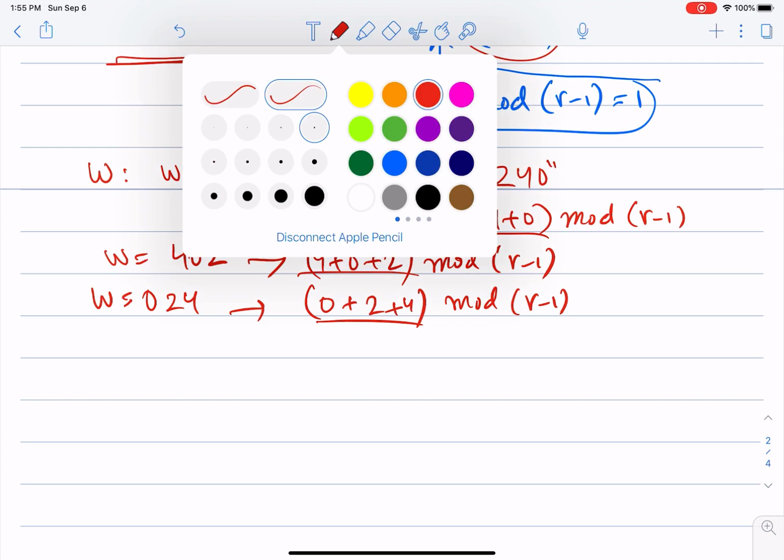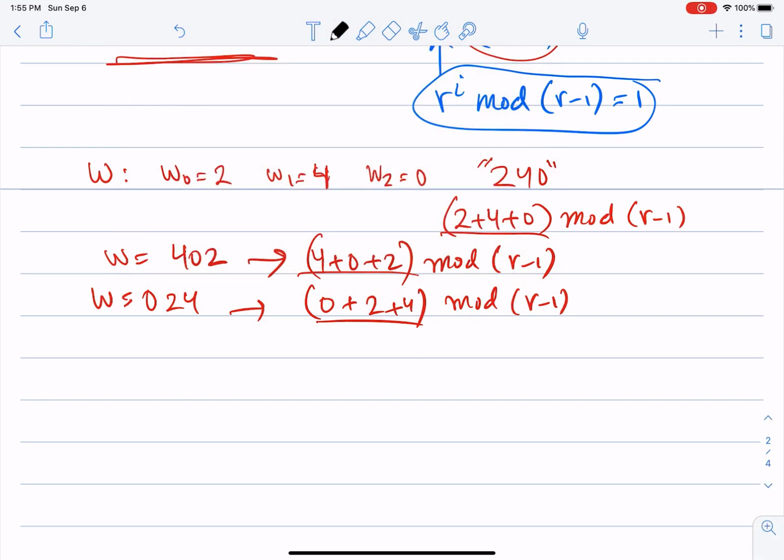So now, you might be asking, okay, I said that we should not choose R, we should not choose R squared, we should not choose an even number, we should not choose R minus 1. Okay, then what do we choose?